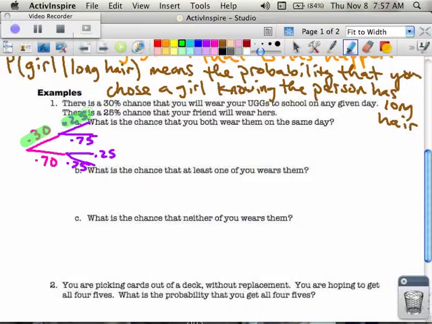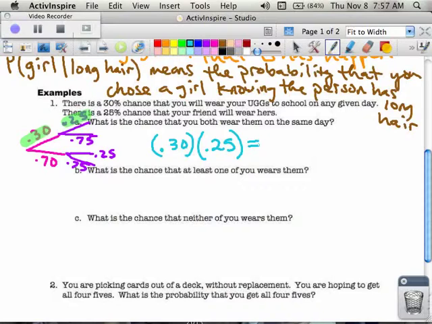In order to find the ending probability, you multiply the two probabilities because they're independent events. So you take the 0.30, the probability of you wearing your Uggs, times the 0.25, the probability of her wearing her Uggs.